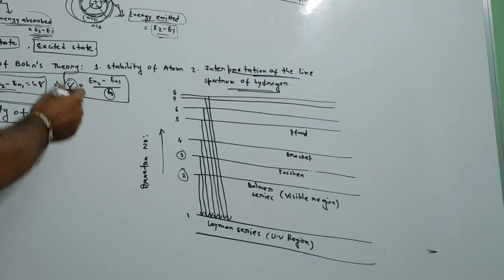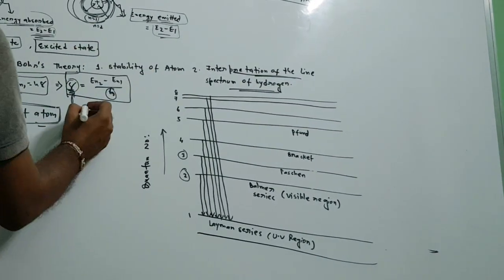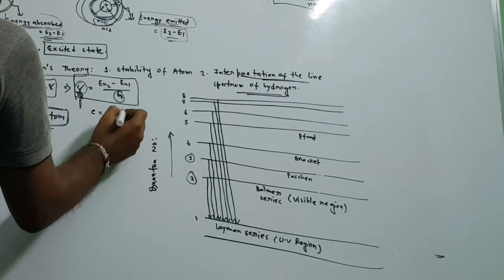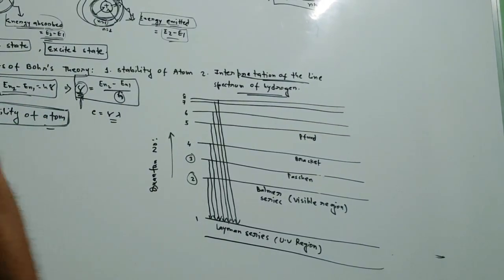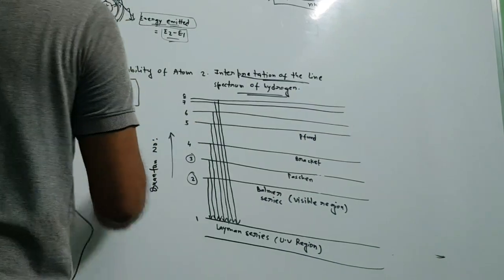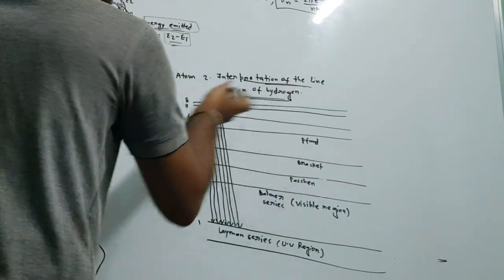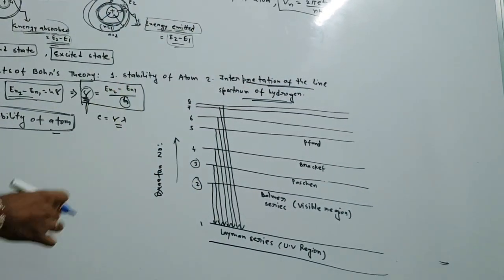So we see that every orbit has its own energy level.